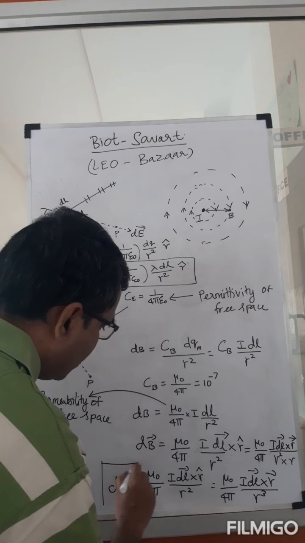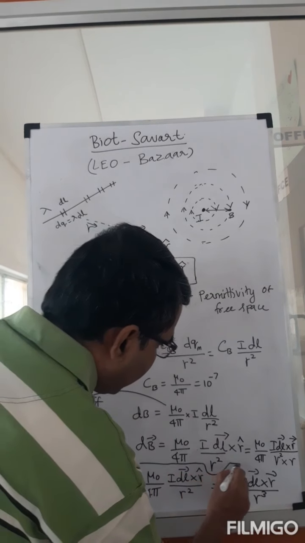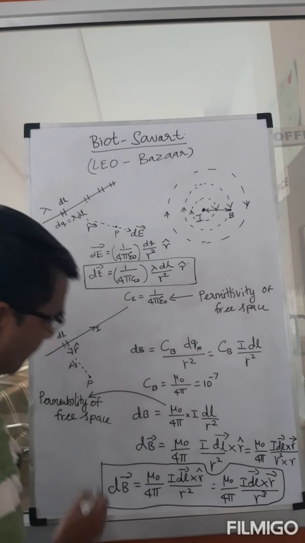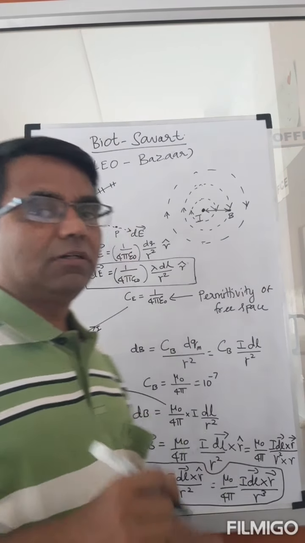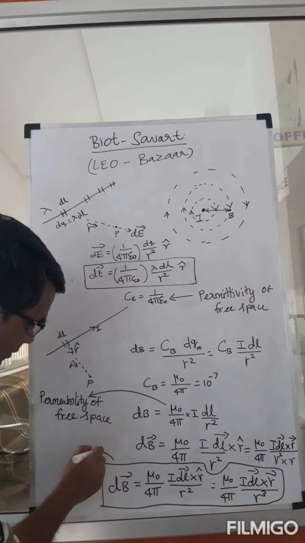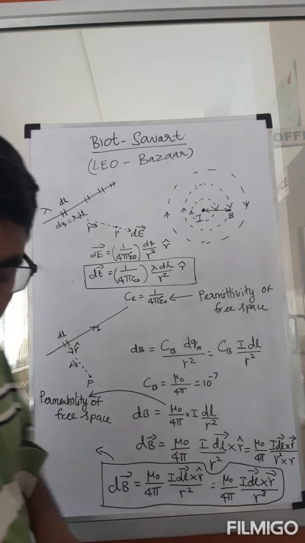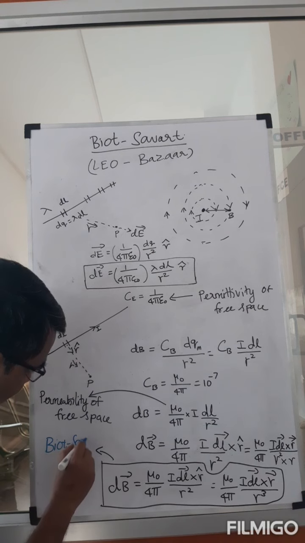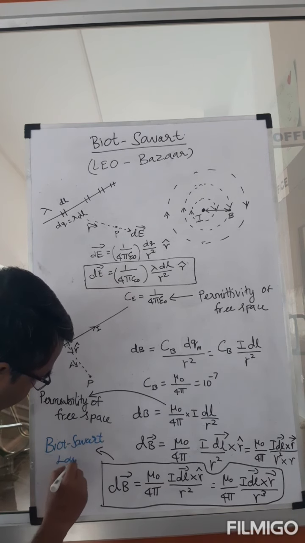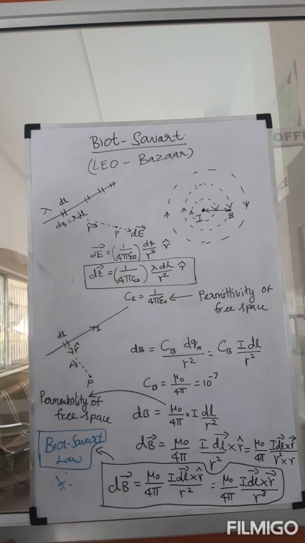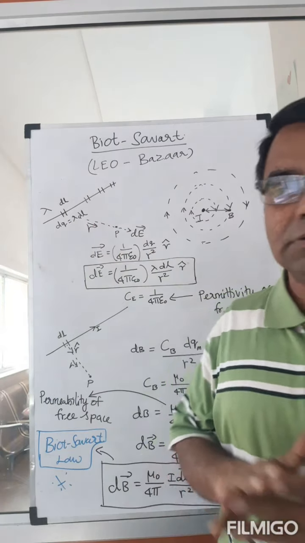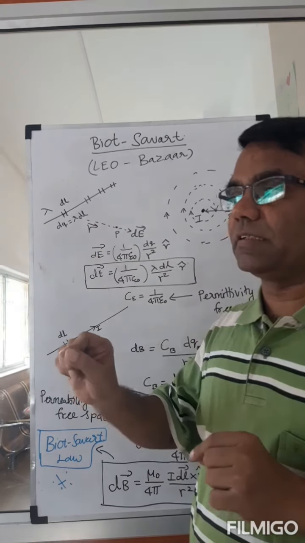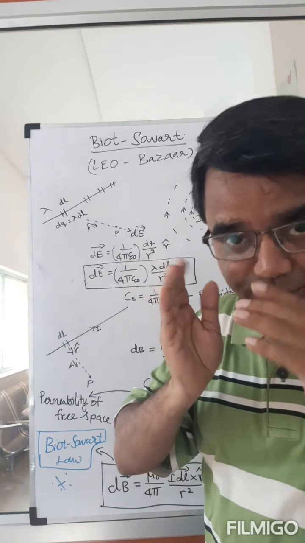So this is called the Biot-Savart law. So, Biot-Savart law allows you to find the magnetic field at any point due to a current element.